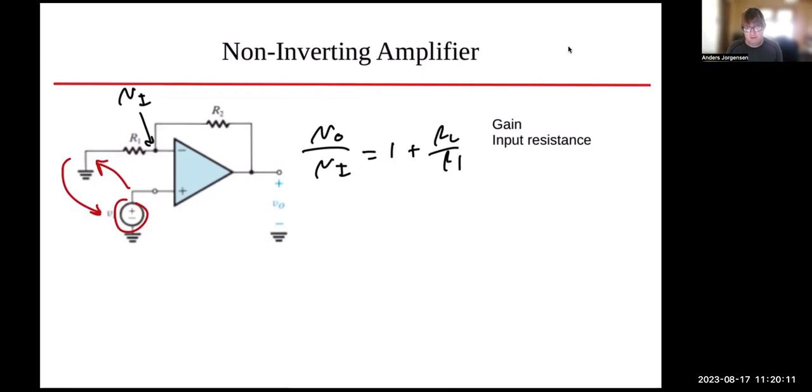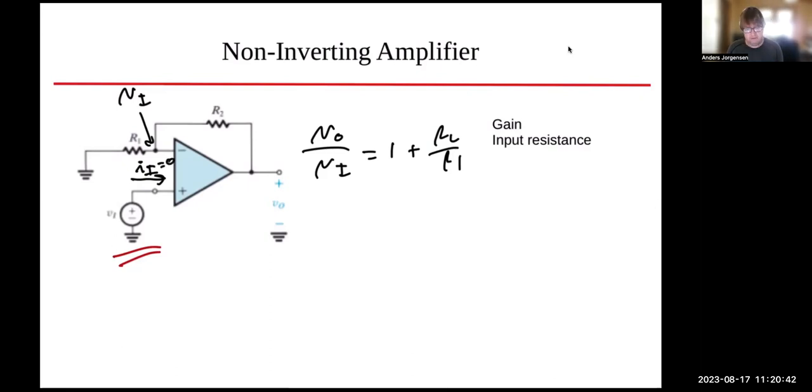Now the input resistance of this amplifier is different from the input resistance of the inverting amplifier, because the source is attached right here. What's the input current here, II? Well, it's equal to 0, right?